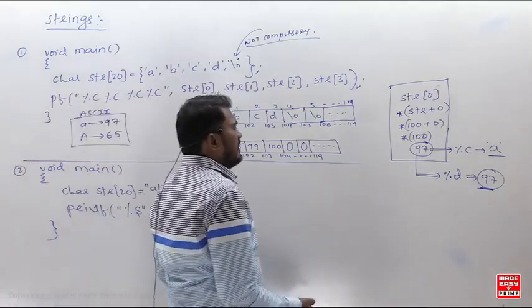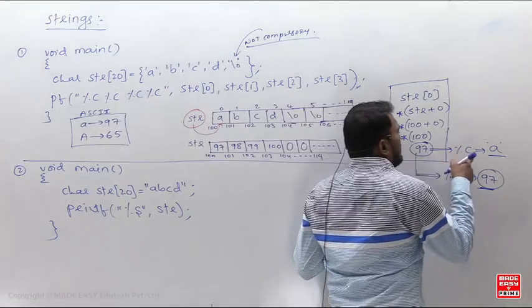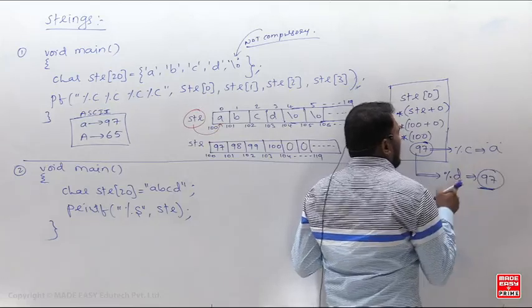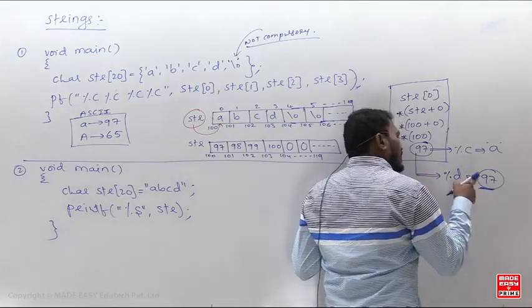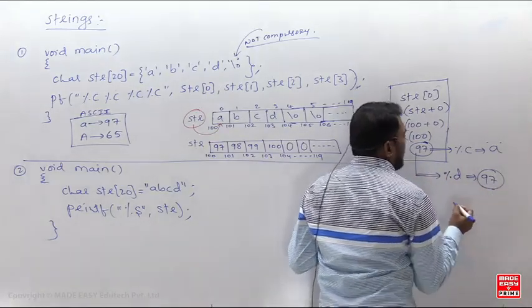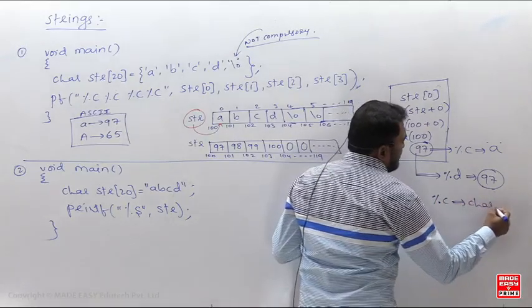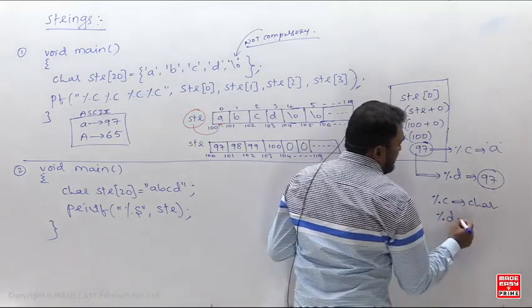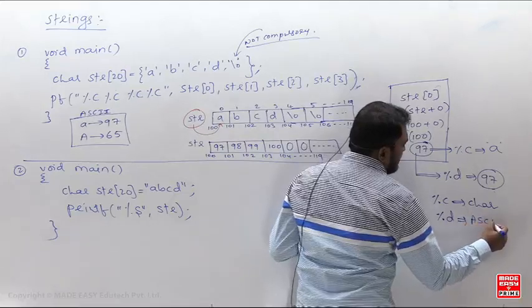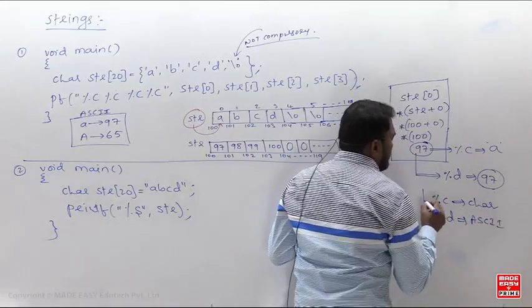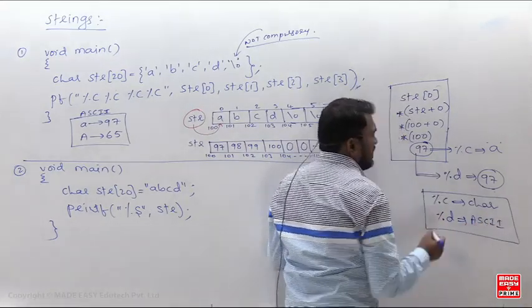Copy this carefully. If you are printing with %c, it will print the character. If you are printing with %d, it will give the ASCII value only. So I am writing: %c will print the character and %d will print the ASCII value. This is the important point. Copy that.